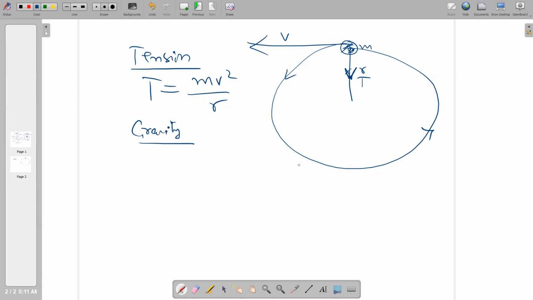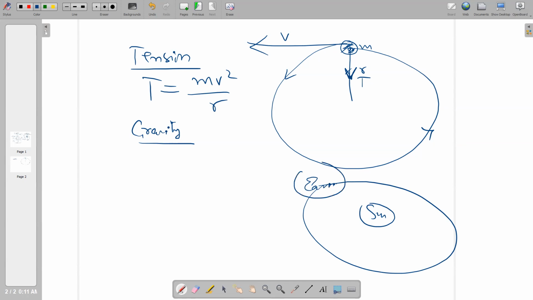The other example is gravity. You know that this is the sun and this is the earth. The earth is revolving around the sun. Who is responsible to revolve it around the sun? That is gravity.